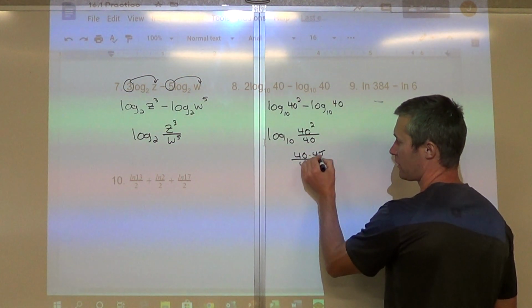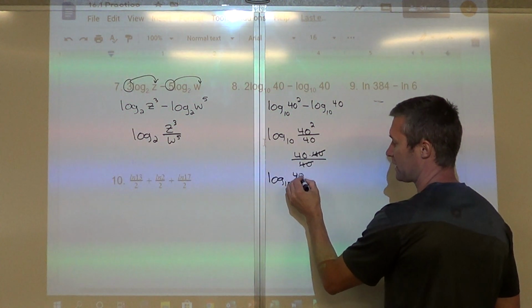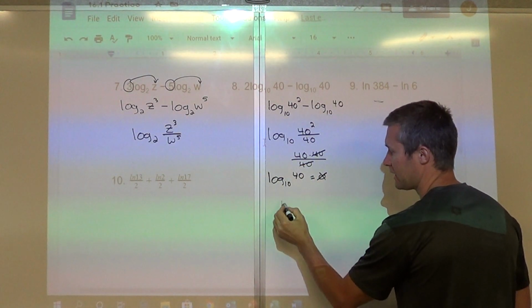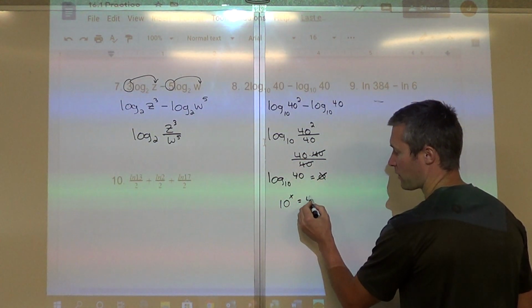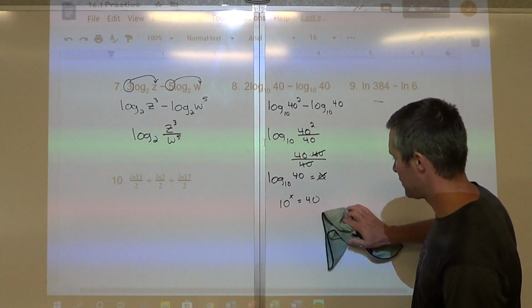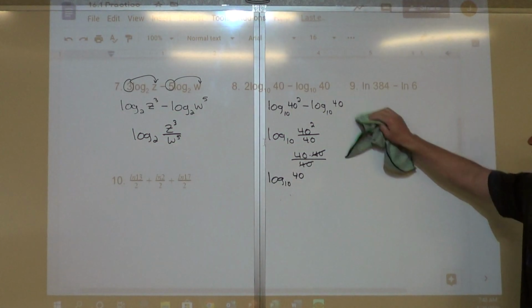Divide by 40, so those cancel out. So it's just log base 10 of 40. And this doesn't simplify. We can check it real quick. 10 to what power equals 40? There's no whole number that works for this, so we just leave it as log base 10 of 40.